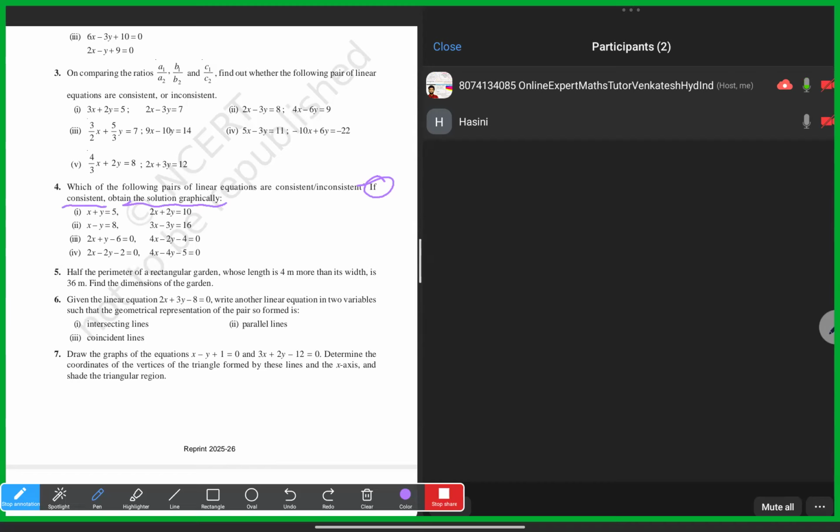If the lines are inconsistent, meaning they are parallel, we need not draw the graph, because anyway we will not get a common solution. They will not meet, that's why.